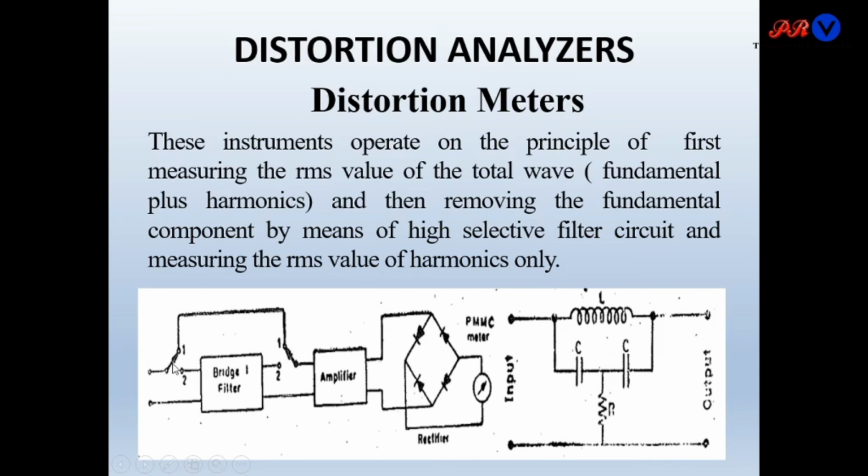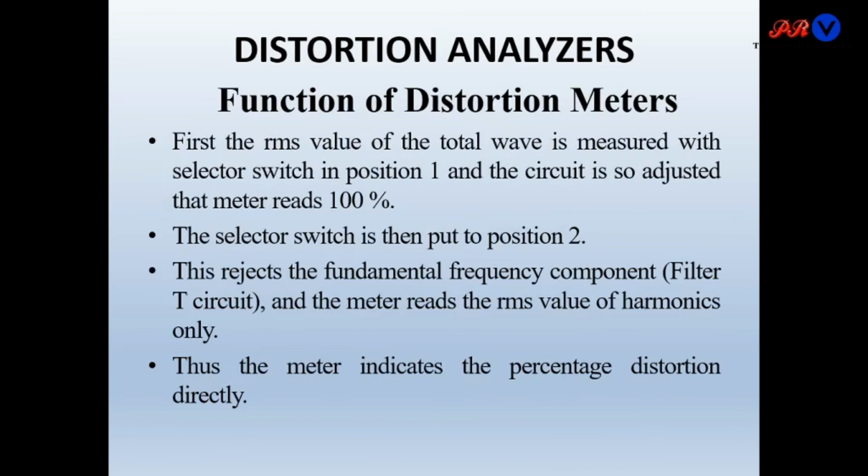Then we will put this switch in position 2, and in this way we will remove the fundamental component by the highly selective filter circuit, which is shown in the figure, and measure the RMS value of the harmonics only. Means, we will measure firstly the whole wave RMS, then we will remove the fundamental frequency component, and then we will measure the harmonics RMS value directly.